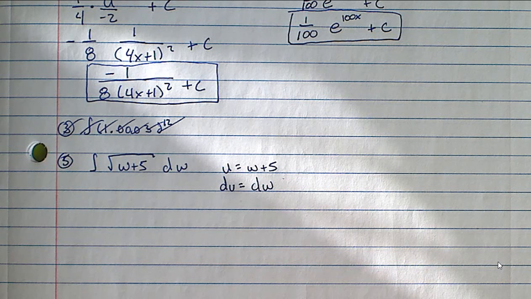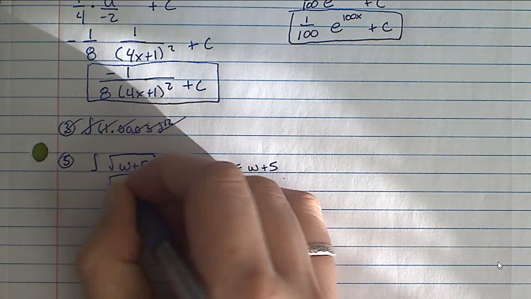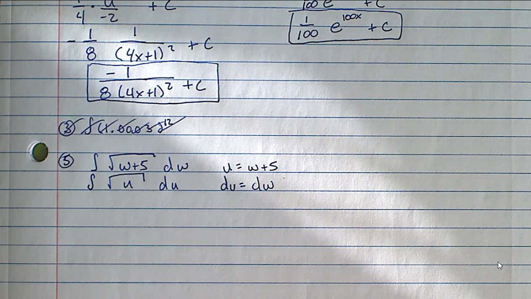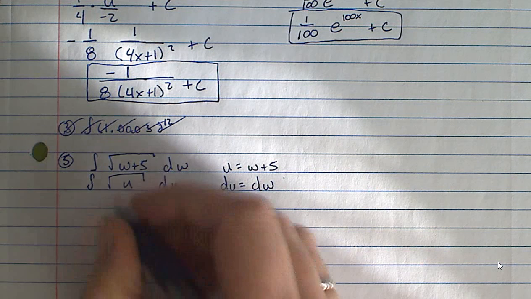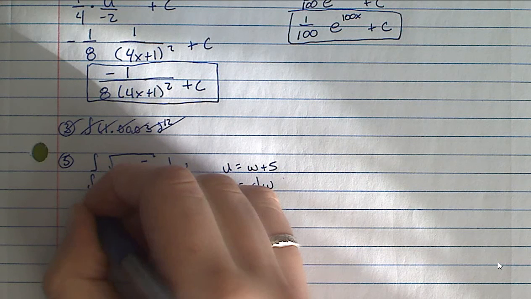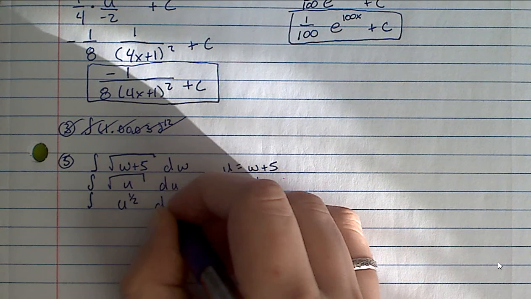You don't have to do much, this is easy. So you get the integral of the square root of u du, which is u to the 1/2 du.